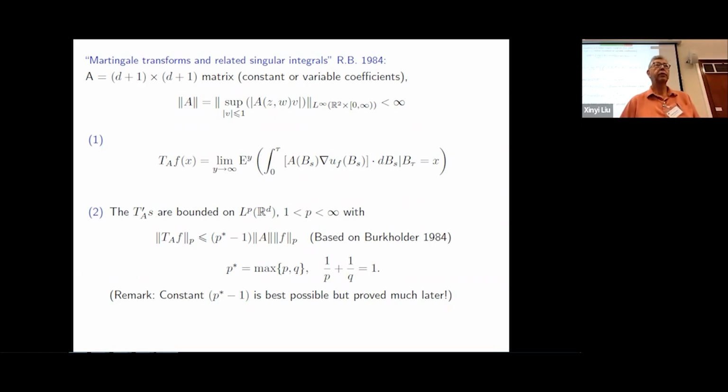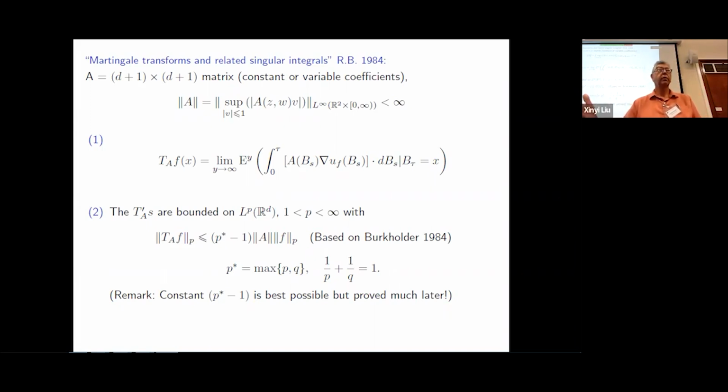I call them T sub A's because I was a TA, a teaching assistant. Otherwise, I would have called them RAs if I had been a research assistant. But in any case, the first observation is that you can put a matrix transform on the gradient of the Poisson semigroup, take the stochastic integral, and do the same conditioning. And then you get these operators.